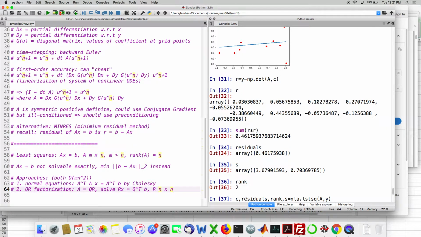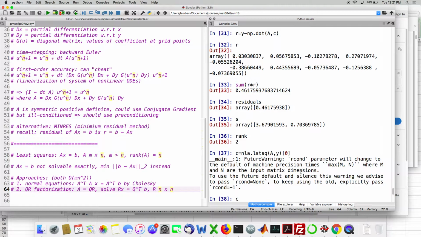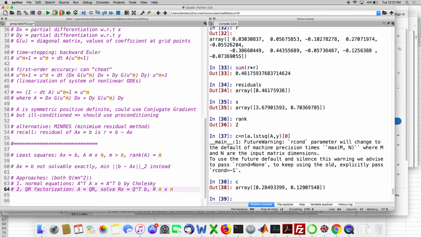Now, another way, if you don't really care about all these other outputs and you just want the solution, you can just say C equals, but because lstsq will return a list of the outputs, you have to put a subscript of 0, saying whatever list this sends back, I only want the first element. So then you can do that. Same warning, but those are the same values from before.